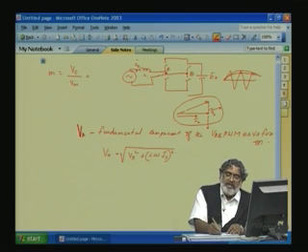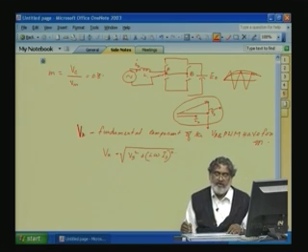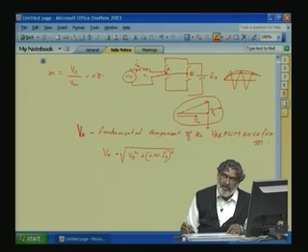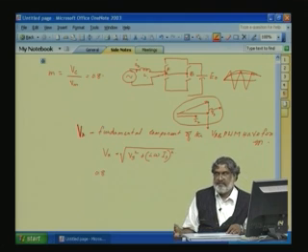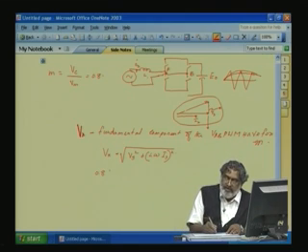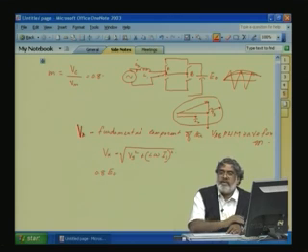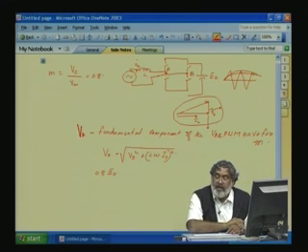Theoretically this will be equal to 1, but we will restrict it to a maximum of 0.8 for practical limitation. So, VR will be 0.8 of the maximum, the output E0.